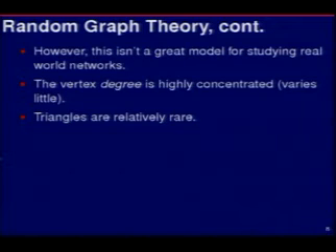By triangles, I mean loops of 3 edges. An easy way to think about it, if you go back to the social network, which is usually the easiest context to think about these things, is that if you have 2 friends, it's quite likely that they are friends as well.